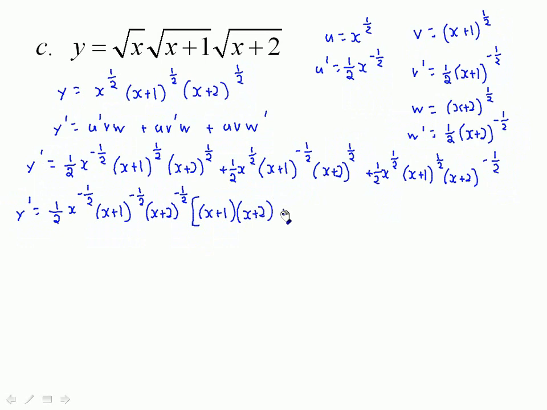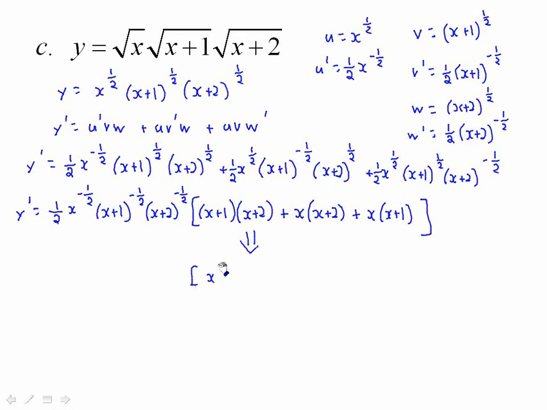And then the second term, the 1/2s go away, but we just have a factor of x left over, 1/2 minus negative 1/2. And then x plus 1 to the negative 1/2 goes away, but we're left with x plus 2. And then so on. The next one, the 1/2 goes away. We have just x. And then we have x plus 1 to the 1, because the second term, x plus 2 to the negative 1/2, disappears. So now we just mop up in the middle.